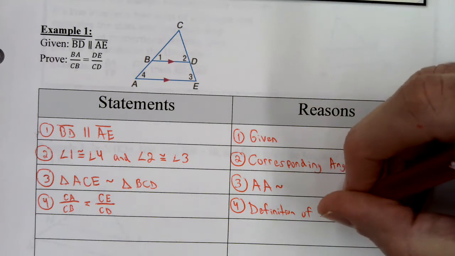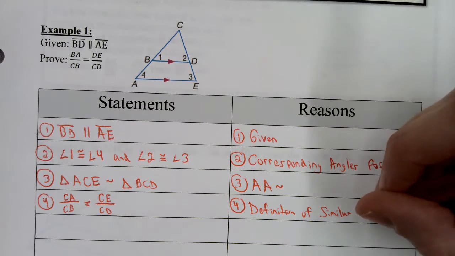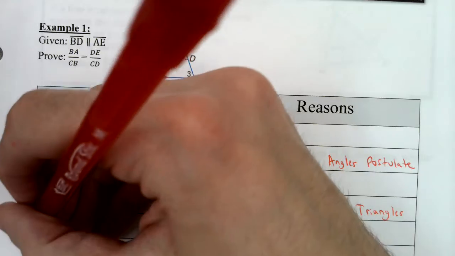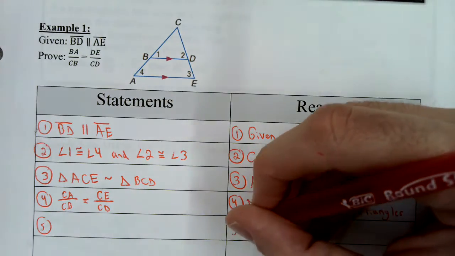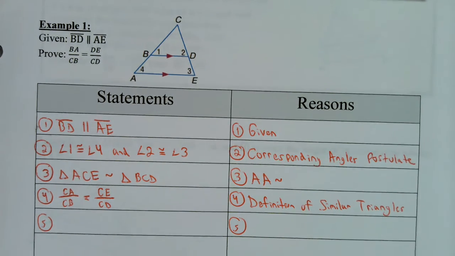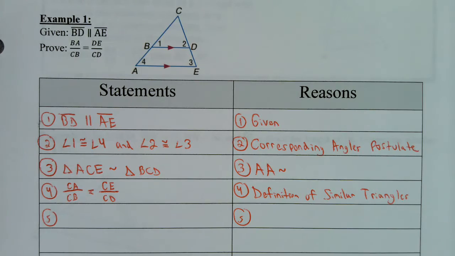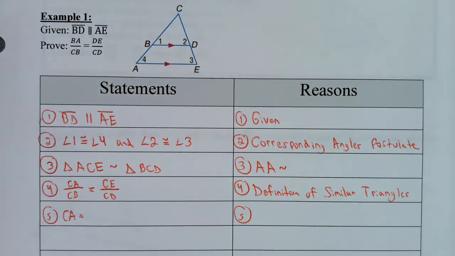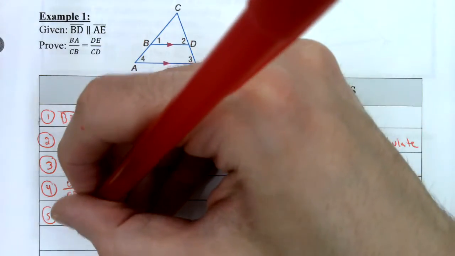Since they're similar, it means their sides are proportional. Definition of similar triangles. Now check out what I'm going to do. I'm going to say that CA equals BA plus CB.